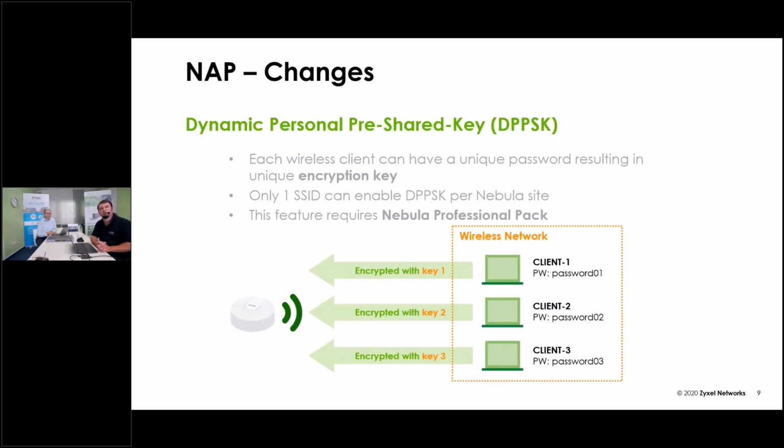Taking a deeper look into some of the core features which we now implement with Nebula, one of them is dynamic personal pre-shared key, also known as DPPSK. Well, DPSK, sorry.